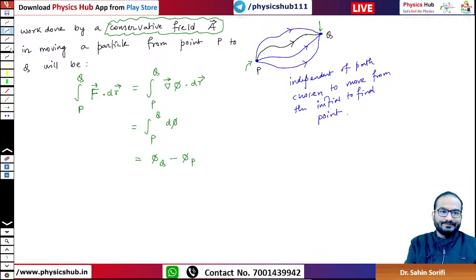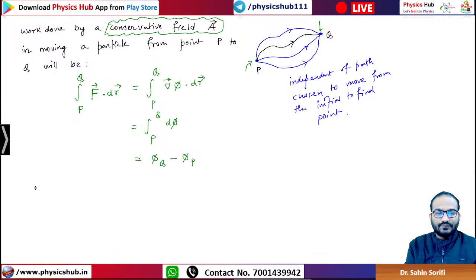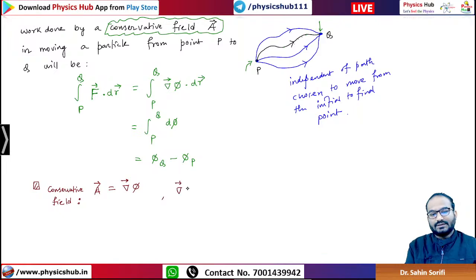Now one thing you see, as I told you, for a conservative field, for any vector, let's say A, this is conservative in nature. What is the definition of conservative field? How to check? If I give you a vector function, how to check whether it is conservative? So first of all, it can be written as the gradient of some scalar function. Now if you just take the curl of this vector function, what do you get?